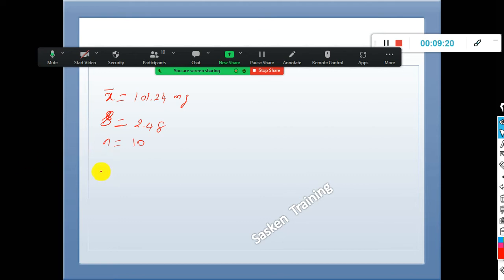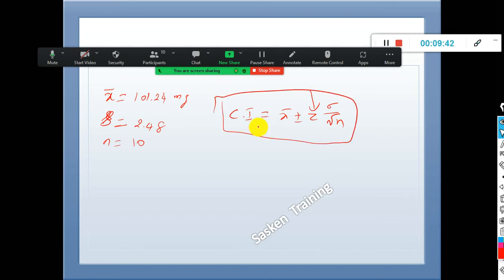We discussed the Z confidence interval. In that case, CI is equivalent to x bar plus or minus Z into sigma divided by square root of n. This is the formula that we used. If you know the population standard deviation, this is the equation to compute the confidence interval.